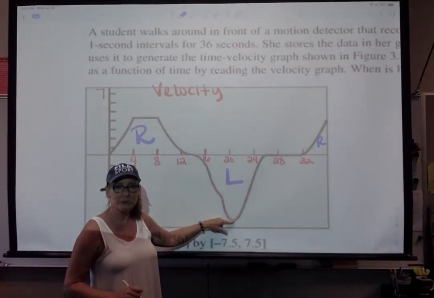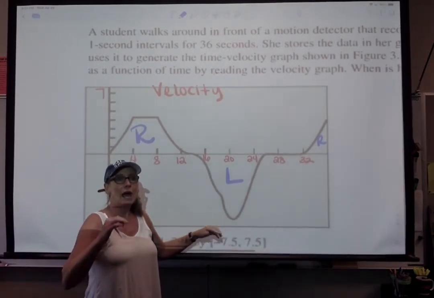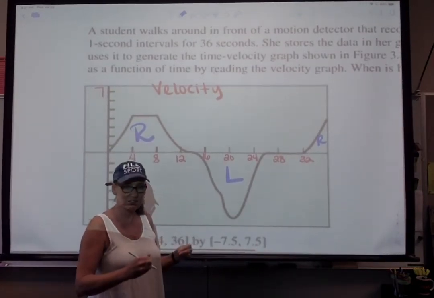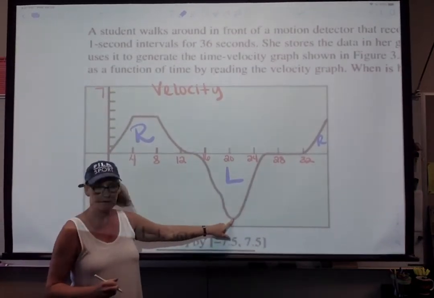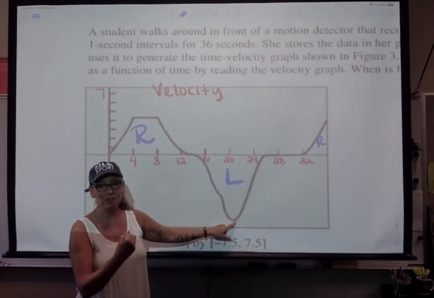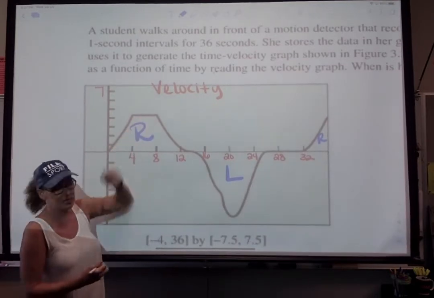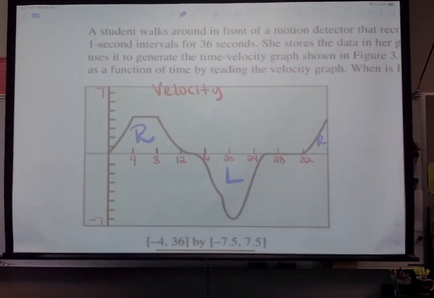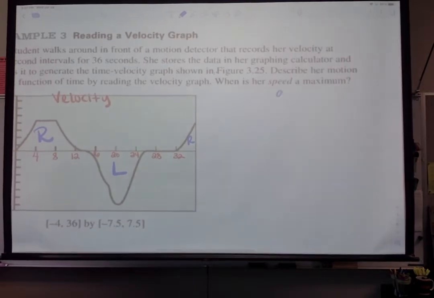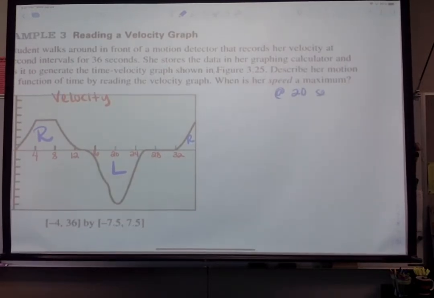Her velocity was -7. At which time was she moving the fastest? It would be this time. She's moving faster here, just toward the left, than she was moving here. So I think the answer to the question would be at about 20 seconds.